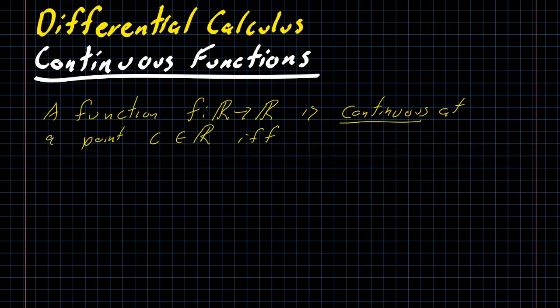A function, and I'm going to name the function f. I'm going to stress that it is a real valued function of one real variable. And we're going to say that it's continuous at a point c, a real number c, if and only if three conditions hold. f of c is defined.